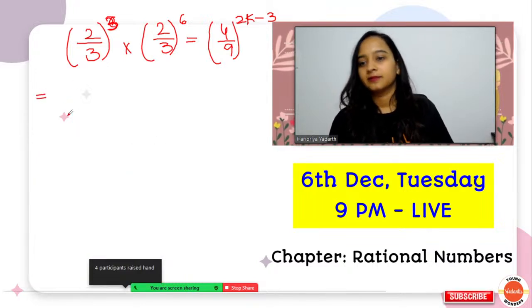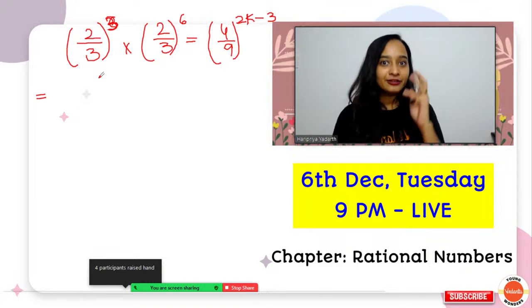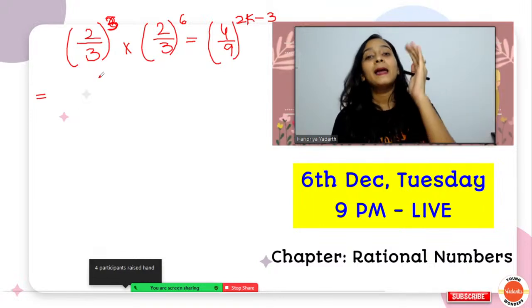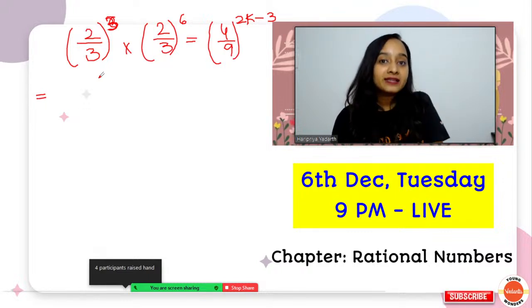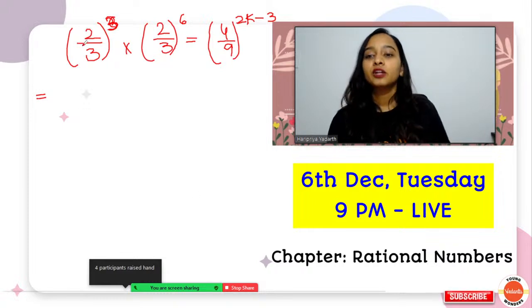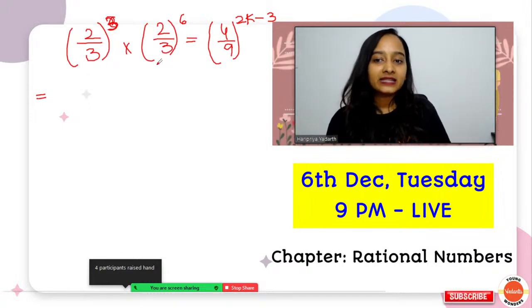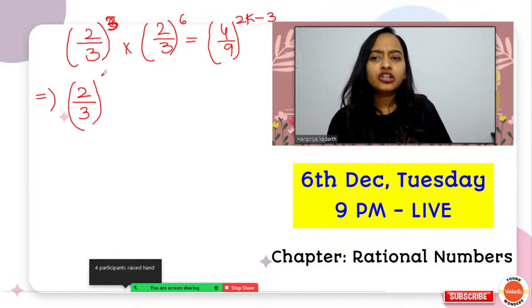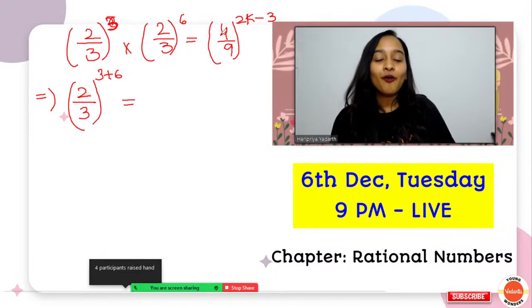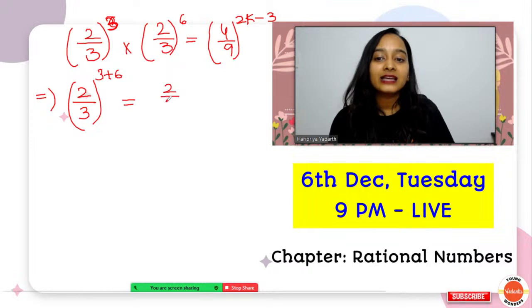So guys, whenever there is a variable given and they ask you to find the value of the variable, make sure that the bases are the same on left hand side and right hand side. So what is happening here? The bases are the same here, so keep it as it is and use the law of exponents: 3 plus 6. Now 4 by 9 can be written as 2 by 3 whole square.